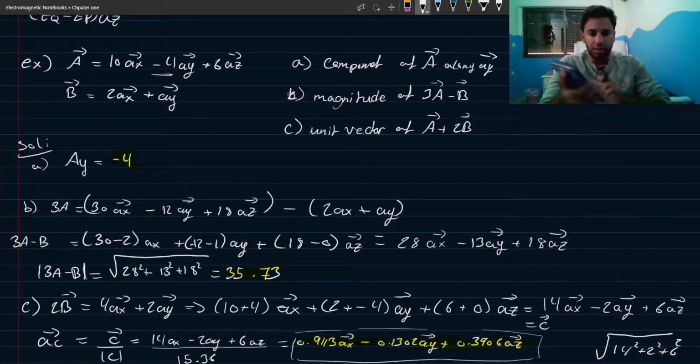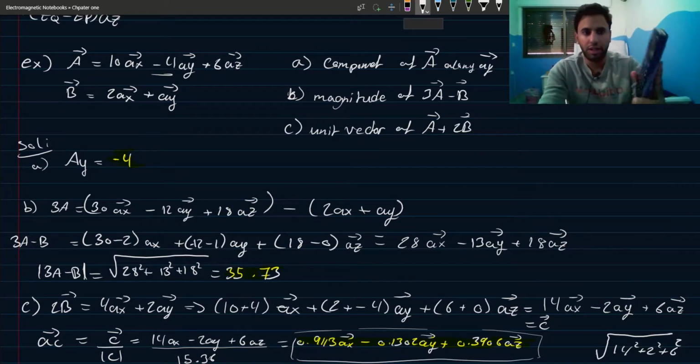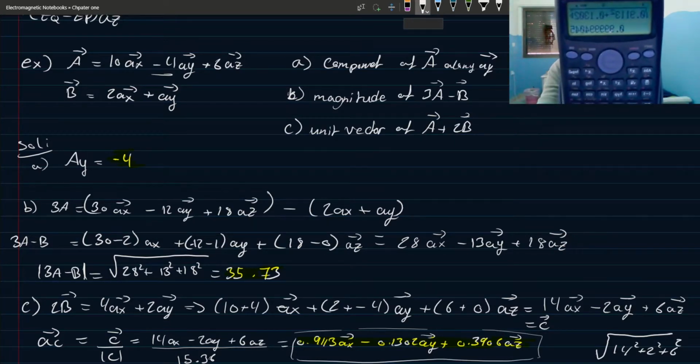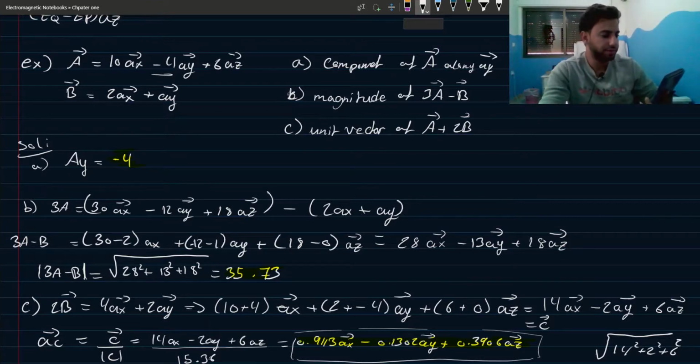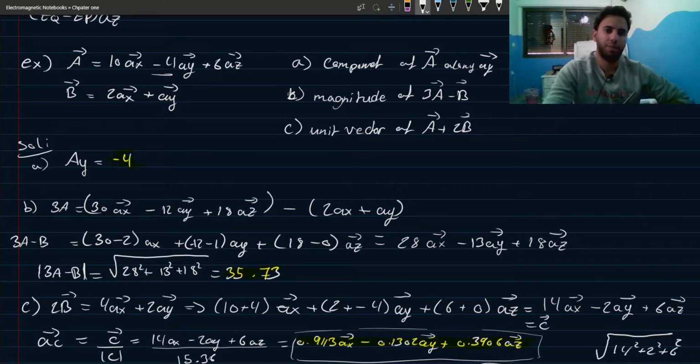If you plug that into the calculator, it should give you 0.9999959. I'll take that as a 1. It's pretty close to 1. So it's safe to put all that equal to 1. And this will tell you that your answer is true.